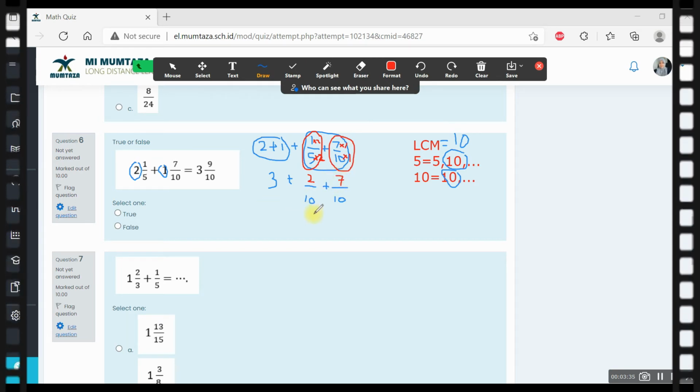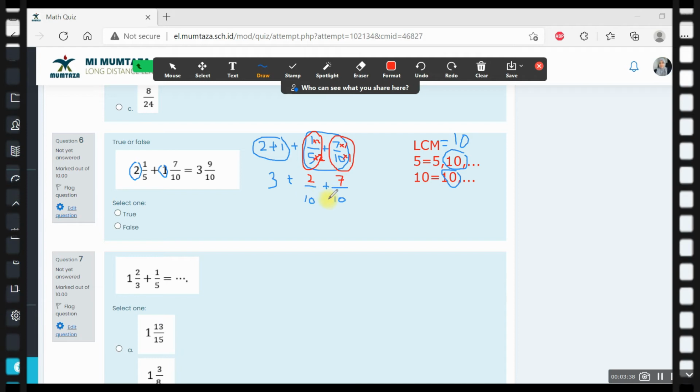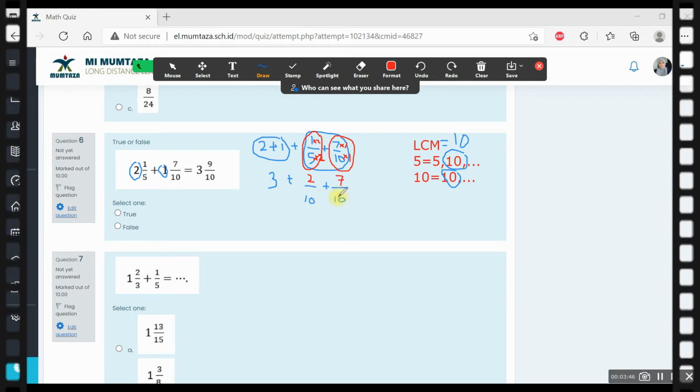Now, after we get the new fraction, we can add. This is already a like fraction. The bottom number is already the same.